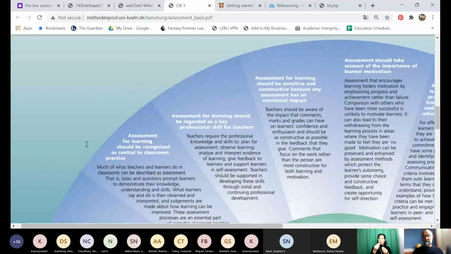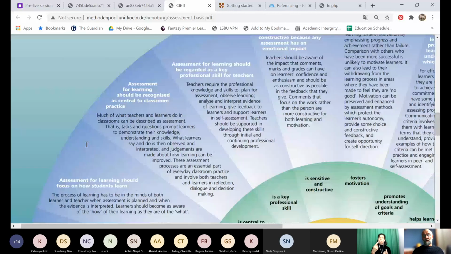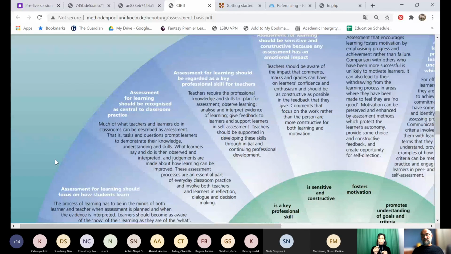And in this document, the Assessment Reform Group give us some explanations about what teachers should be doing or should be aware of or should be capable of doing in the classroom in order to make assessment for learning happen.